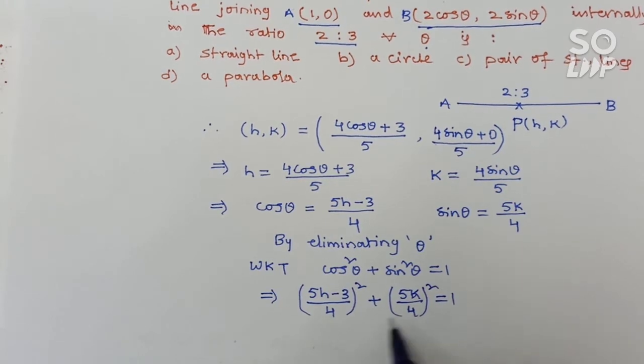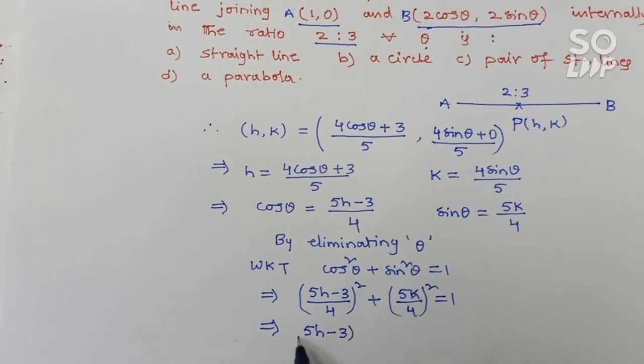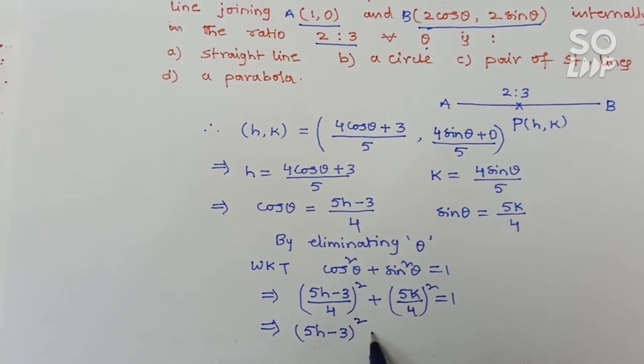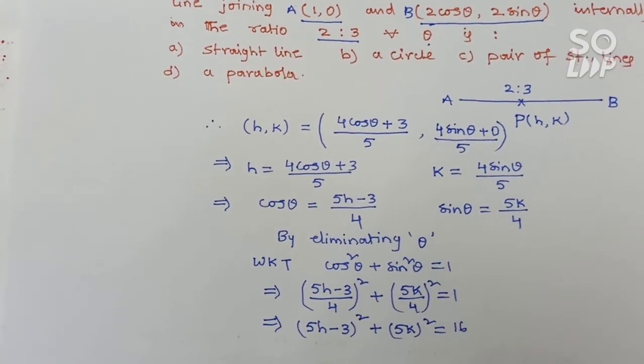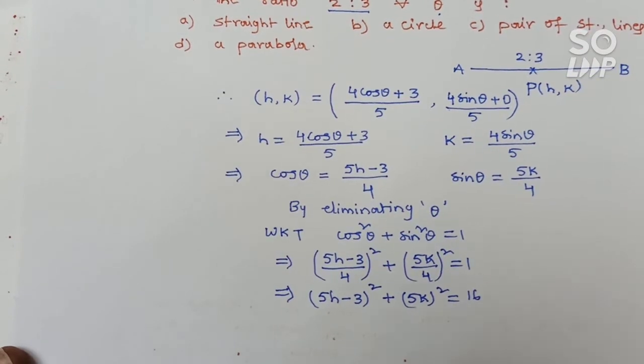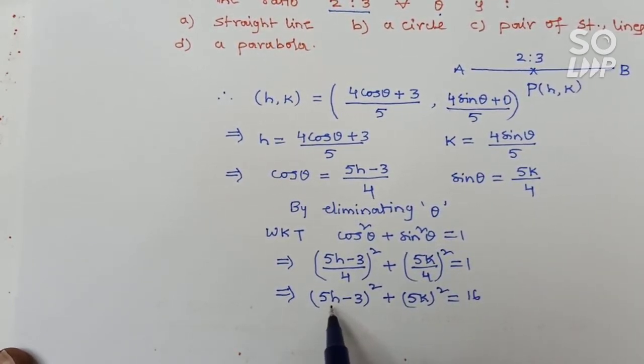Now by taking the LCM, this becomes (5h minus 3) whole square plus (5k) whole square equals 16. Now this represents the locus of the point P. Before you write that, take 5 common.